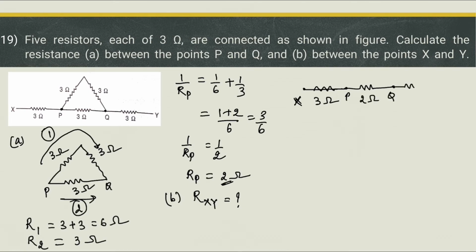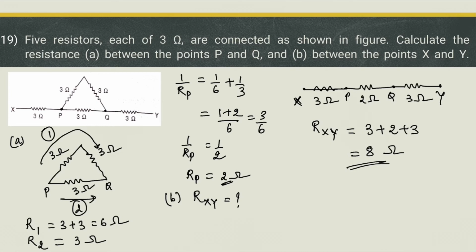And then between Q and Y, there is a resistor of value 3 ohm. So between X and Y, there are three resistors in series. So Rxy is equal to 3 plus 2 plus 3, that is 8 ohm.